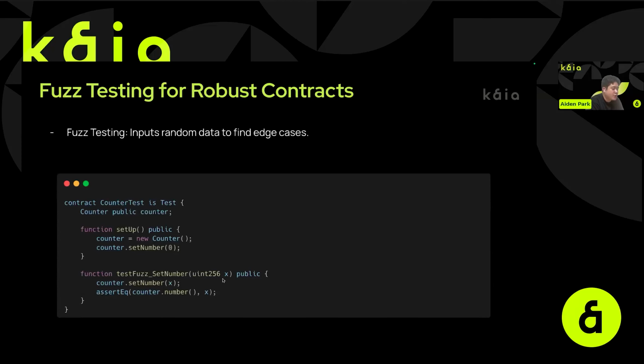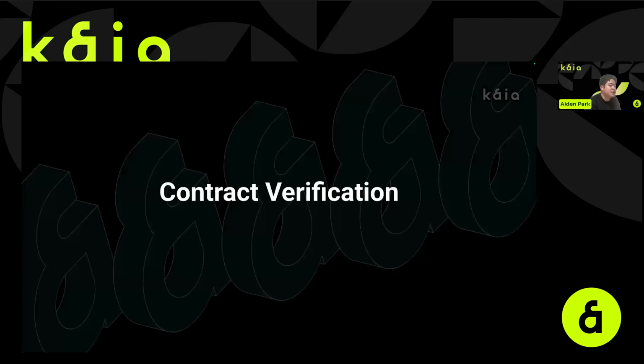Then it automatically provides random numbers in this function, I mean in this setNumber. So you can test with a very large number of inputs for fuzz testing. Yeah, that's it for the testing.